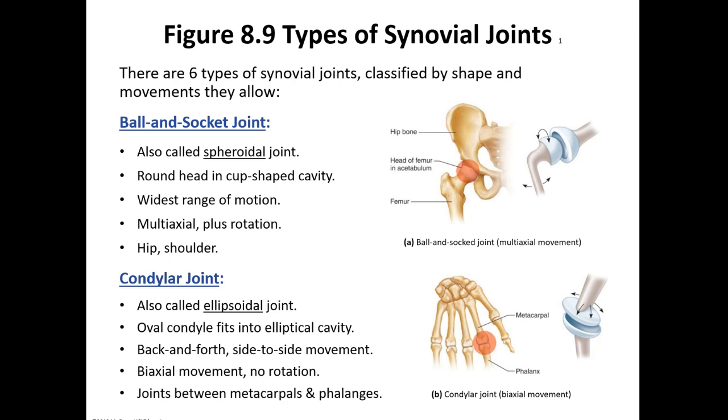This type of joint can be found in our shoulder as well as our hip. Diagram A shows a ball and socket joint where the head of the femur articulates with an area on the side of the pelvic bone called the acetabulum.